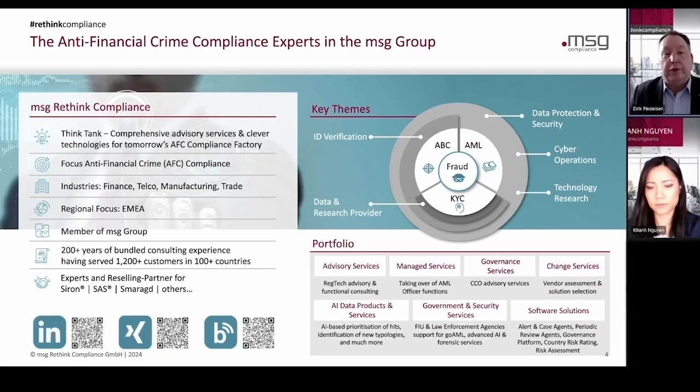We are the anti-financial crime experts, meaning we take care of money laundering issues, identification of terrorist financing, sanctions, fraud management, know your customer or know your counterparty as you like it, and anti-bribery and corruption. Our main customers are within the financial services industries, but also some non-financials and captive banks are part of our customer profile.